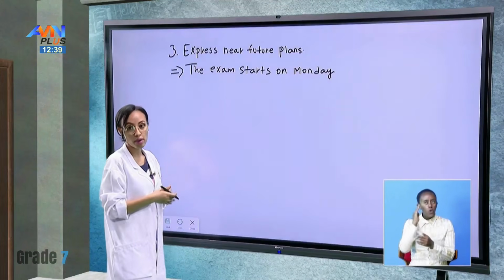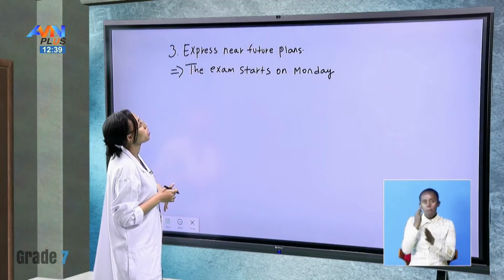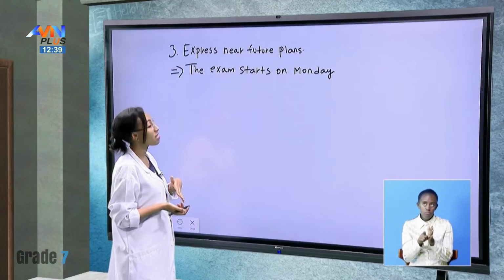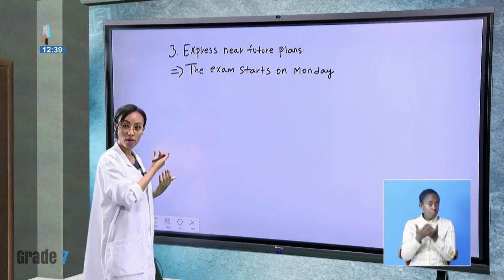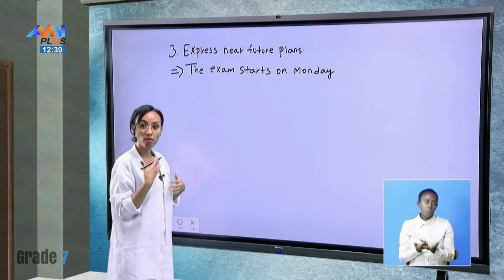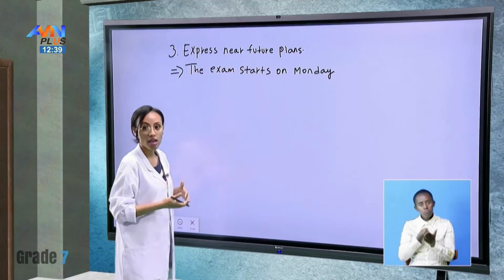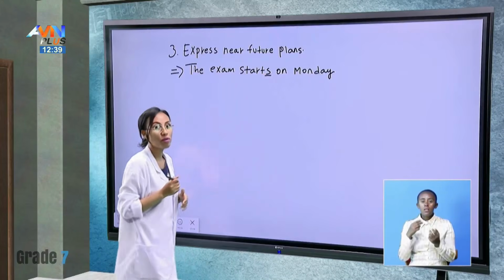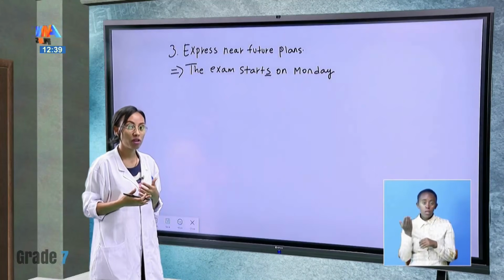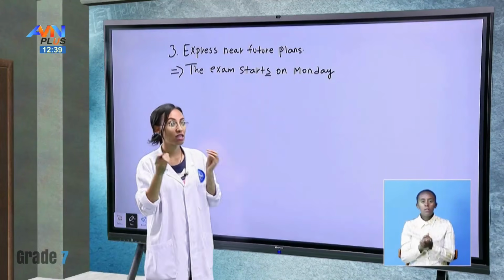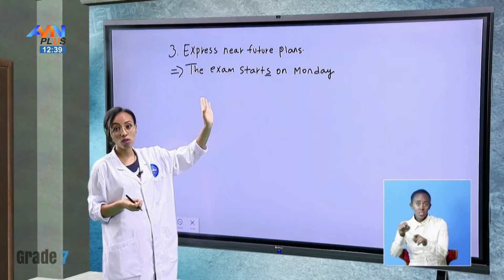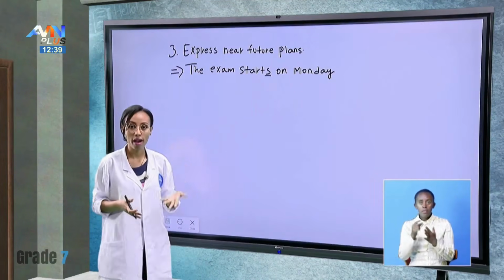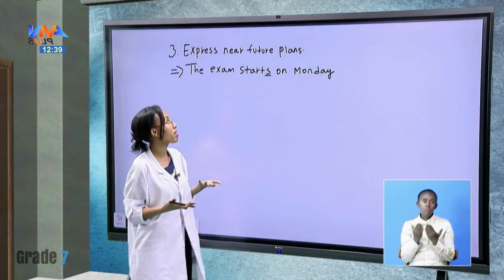Or a predetermined future situation. In this case, for example, like I told you last time, we have our subject, we have our verb, and we have our object. Again, in this verb, like in the earlier example when we said Aster goes, here as well, we have added S in our verb. Why is that?